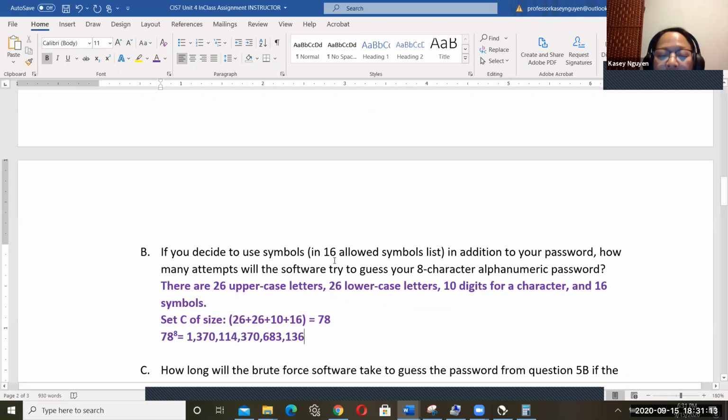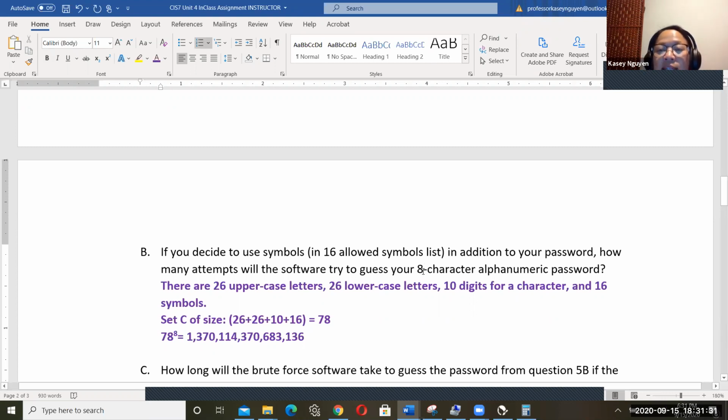So as you can see, when we add the symbol, it creates a bigger pool of passwords. And also we increase it by 1 character.